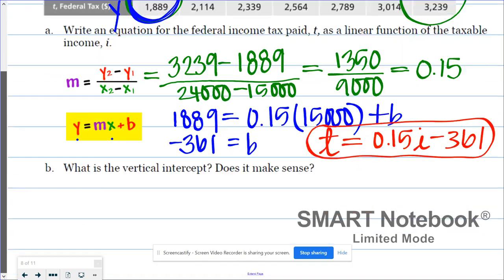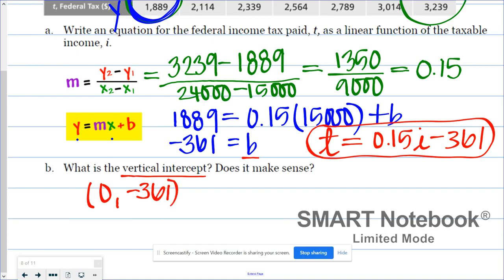In part B, it says, what is the vertical intercept and does it make sense? Well, your vertical intercept has the value of b, so technically it's the point 0, negative 361. And does it make sense? Not really. Because 0 is your income, and negative 361 is your federal tax.